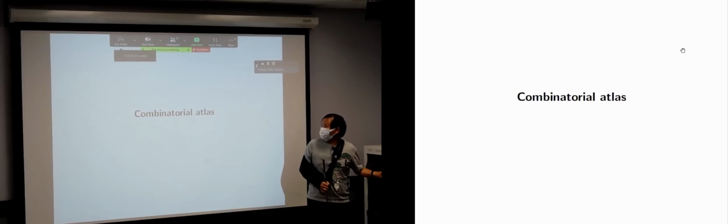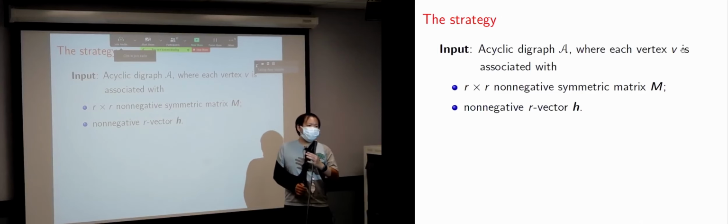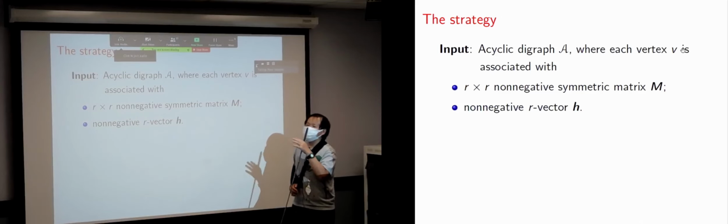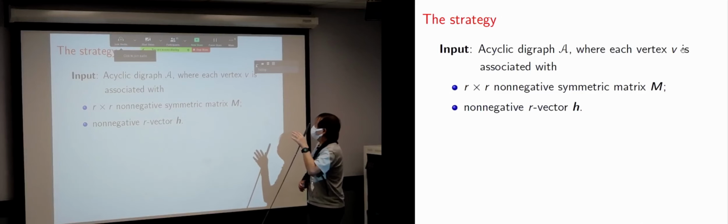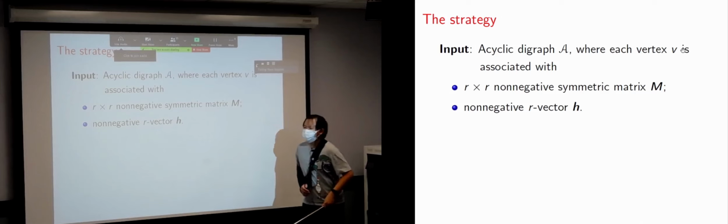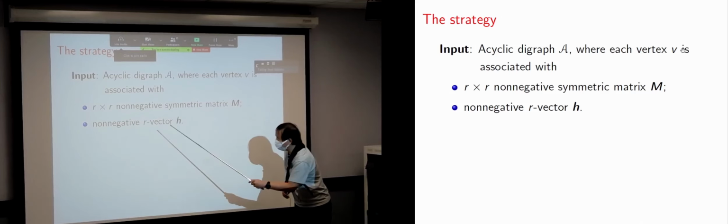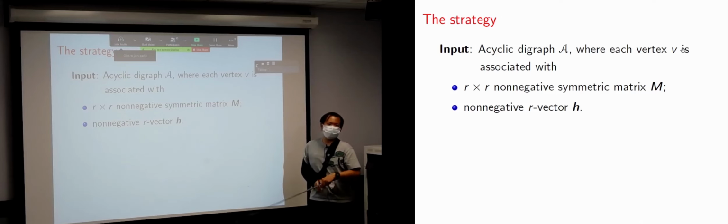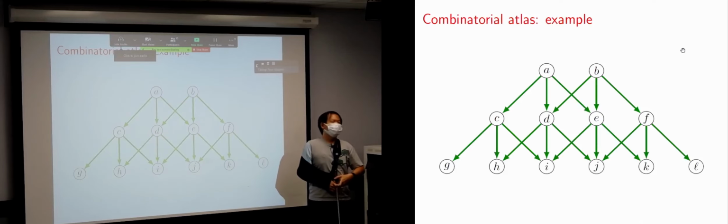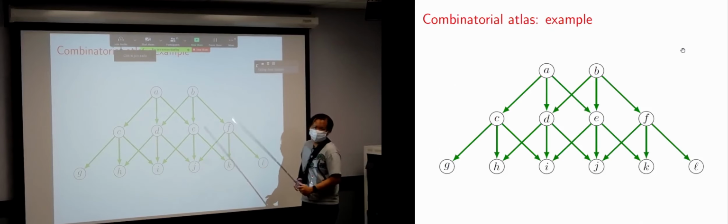The strategy is that first we need to build an acyclic digraph, and every vertex of this graph is associated with a non-negative symmetric matrix M and a non-negative vector h. So here's an example. This is an acyclic digraph, an arbitrary one.